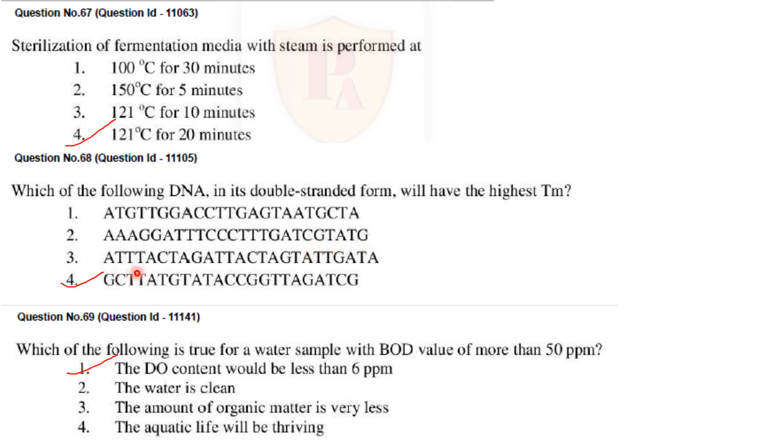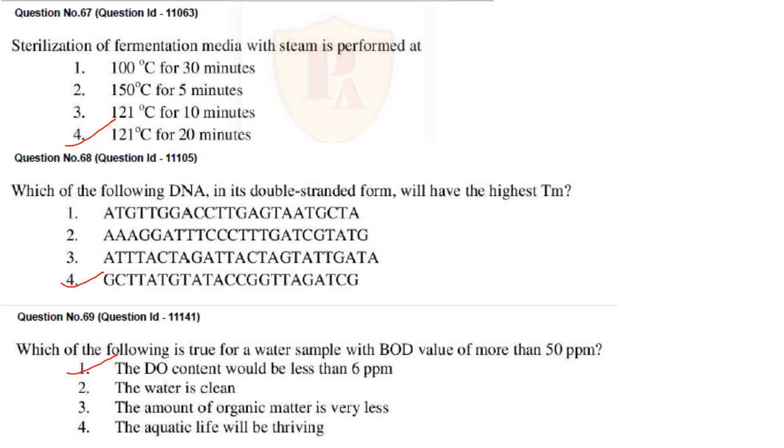If you see this one, it will be 1, 2, 3, 4, 5. If you see the fourth one, it will be 1, 2, 3, 4, 5, 6, 7, 8, 9, 10. So the answer here is option 4 because it has the maximum number of C and G content.